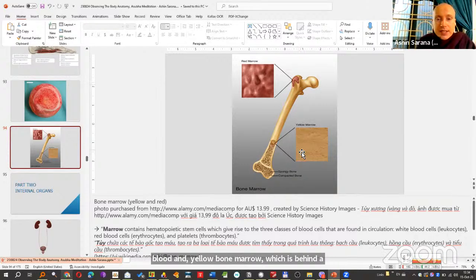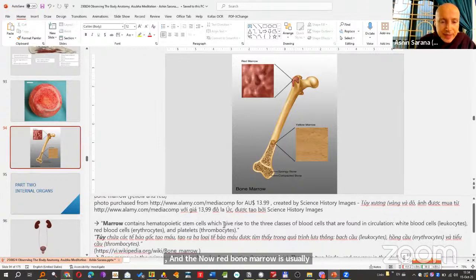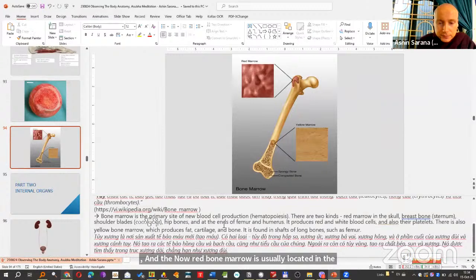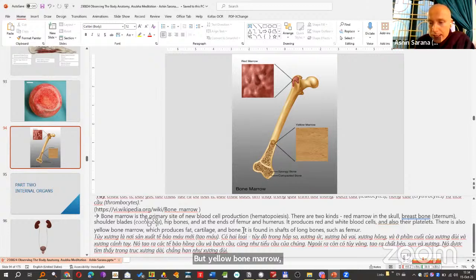Okay, so the yellow bone marrow is located in the shaft of the longer bones, like the femur or like the humerus, the arm bone, and the red bone marrow is usually located in the heads. But yellow bone marrow, which produces fat, cartilage, and bone, is found in the shafts of long bones, such as femur.